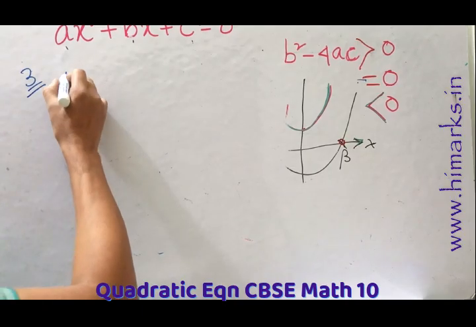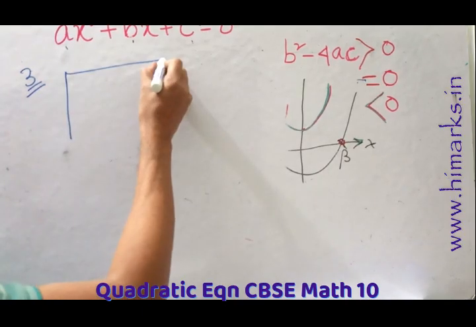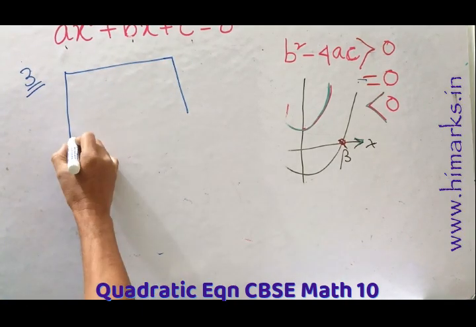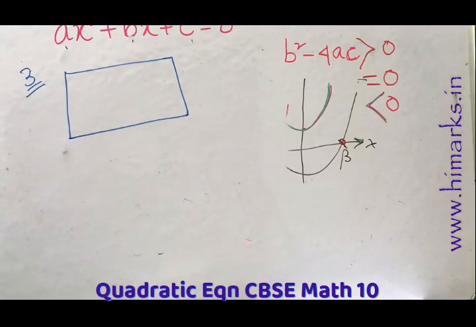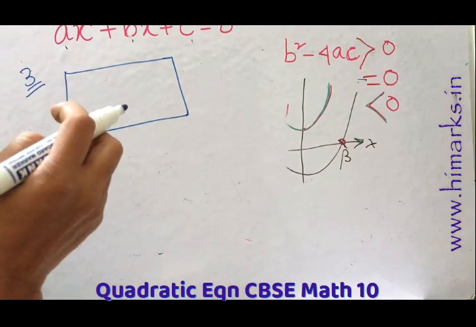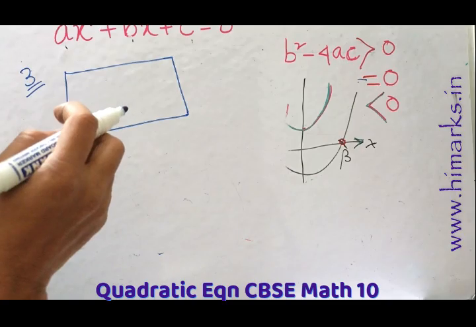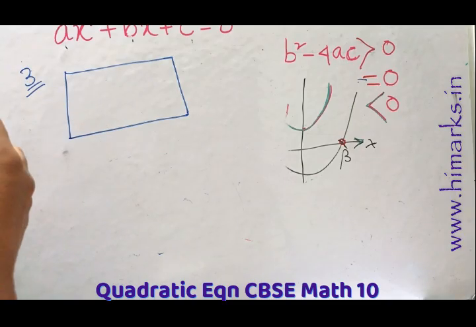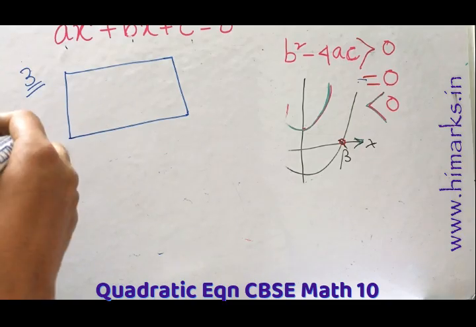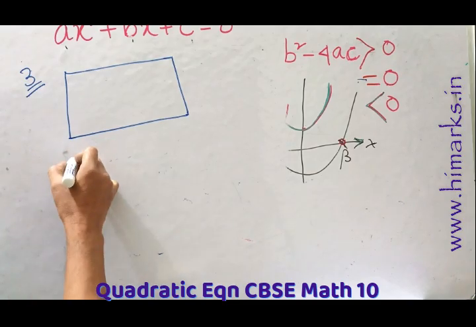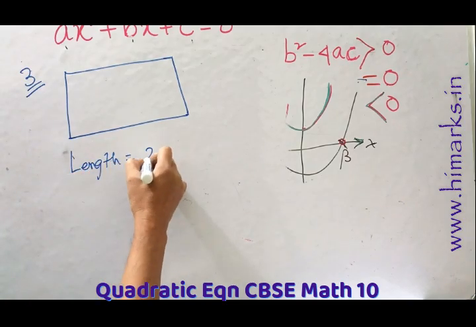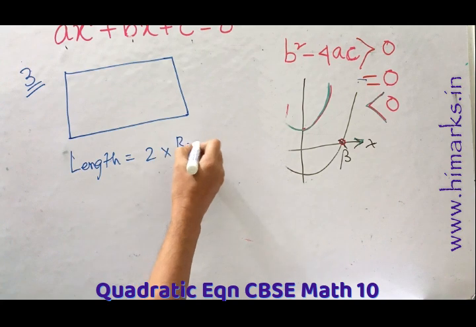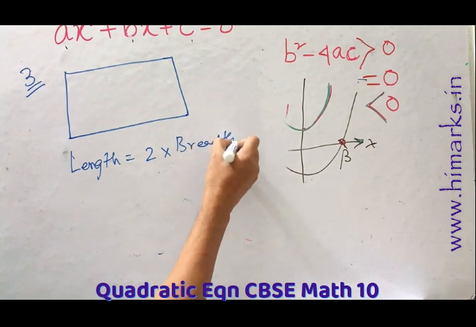So question number 3. One rectangular mango grove is to be made, and the condition is that the length is twice the breadth. Length is 2 into breadth.